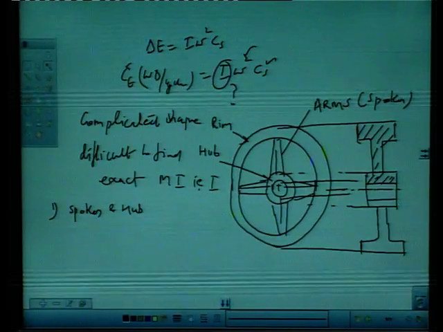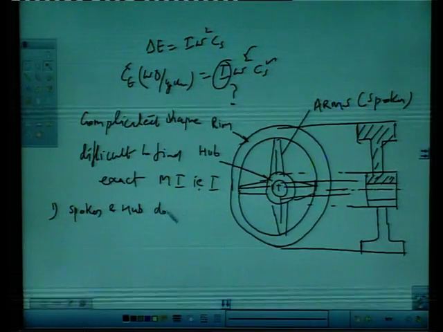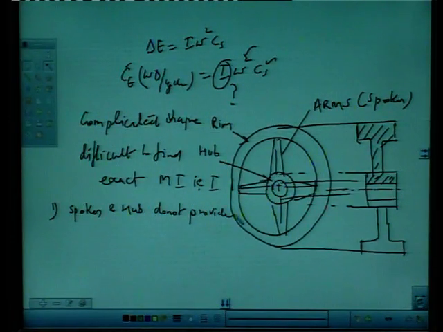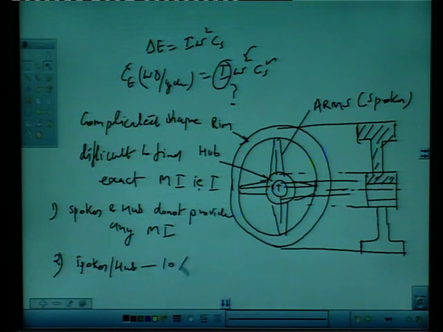In the second assumption, spokes and hub provide 10% of the moment of inertia.